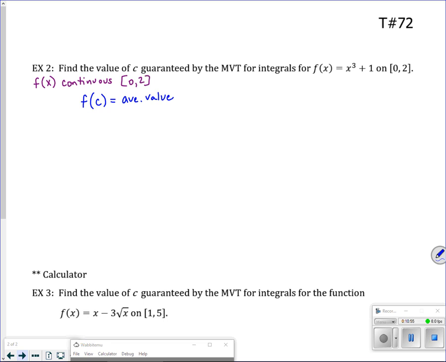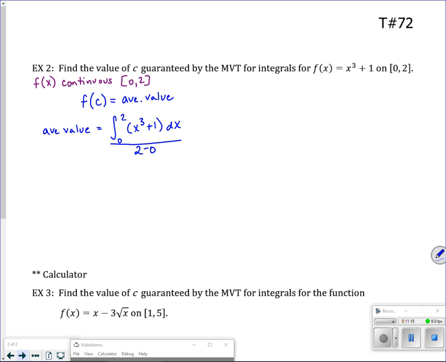So what's the average value? Remember that the average value is the integral over the interval. Now again, you can put 1/2, or you can put over 2 minus 0, whichever you want.